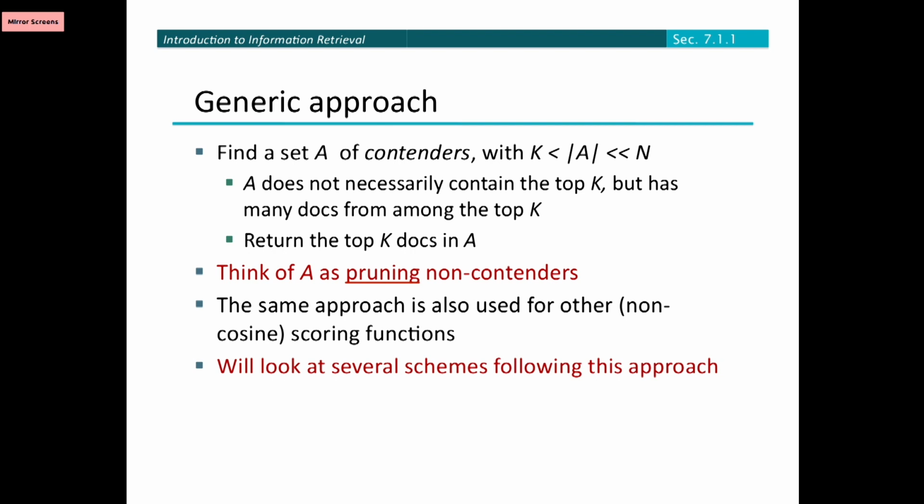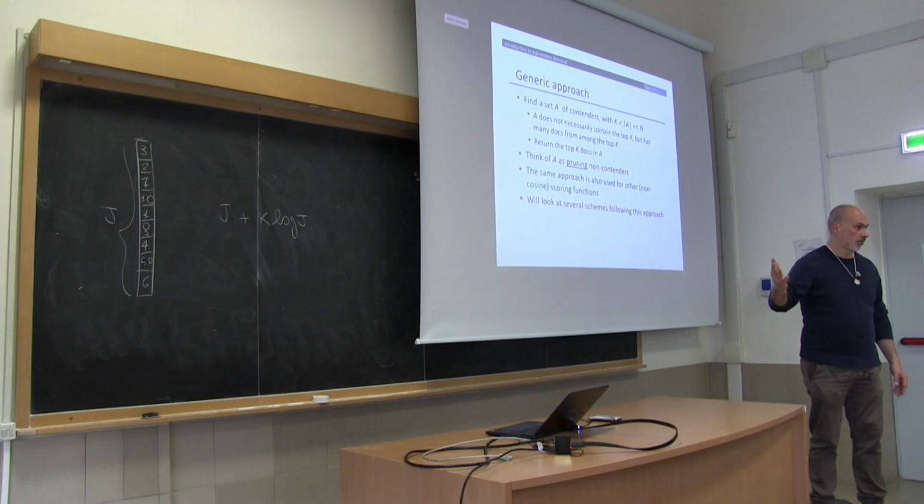Why the term contenders? It means that they are documents among which the top K will be chosen. So instead of computing the top K with respect to the original entire document collection, you compute the top K with respect to A. Okay? For example, just to give you a number, instead of considering, I don't know, 1 billion documents, you consider 10 millions.